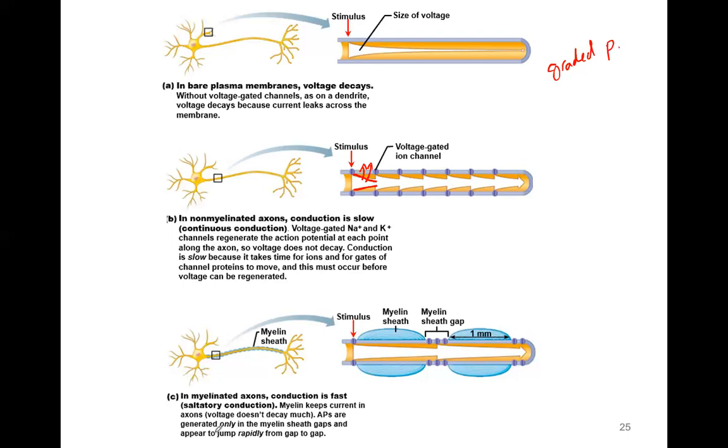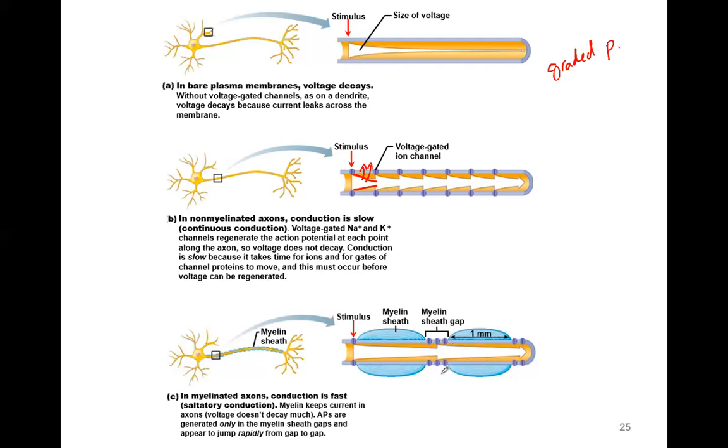The last scenario we have here is what we will be focusing on for the axon portion, assuming the axons are myelinated. So you will see these blue structures around your axon. And notice again, you have the stimulation. You have a strong charge that remains relatively strong when compared to the picture on the top.